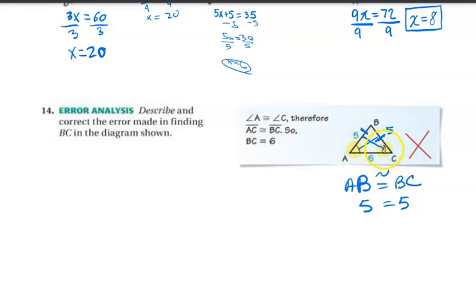If A equals C, then AB, which is opposite C, has to equal BC, which is opposite A. So they really should say that AB is congruent or equal to BC, and they are both 5. They picked the base side and set that equal to the legs, and they should not have done that.